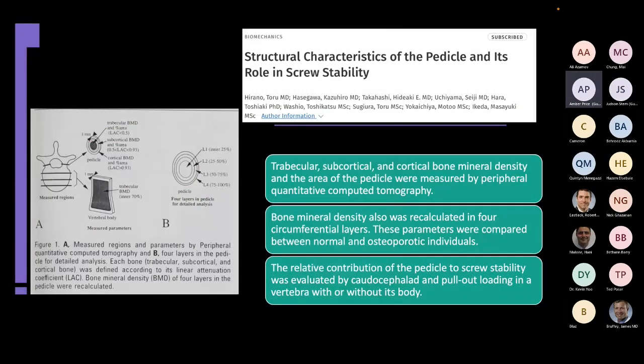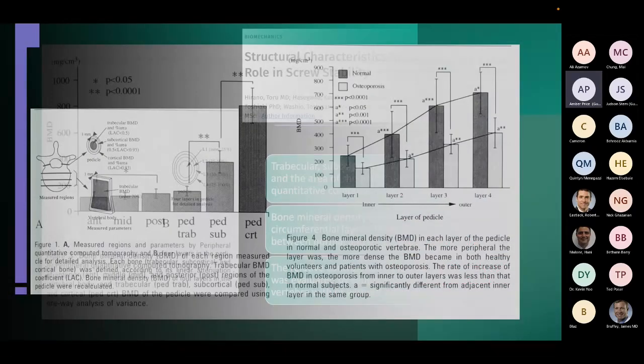So this is a study that looked at the structural integrity of the pedicle and its role in stability. Basically they divided the pedicle up into different zones, and then they calculated the bone mineral density based on these circumferential layers, and then compared it to the body and evaluated the screw stability in these different regions.